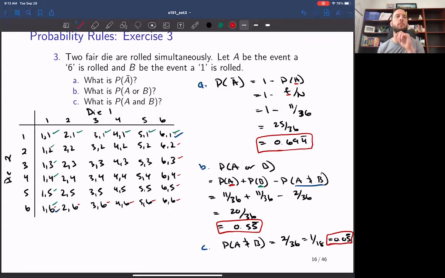Are all of the probability rules in terms of union? No, the complement is not, the intersection is not. The union includes the intersection if the events are not mutually exclusive. So those would be different rules.